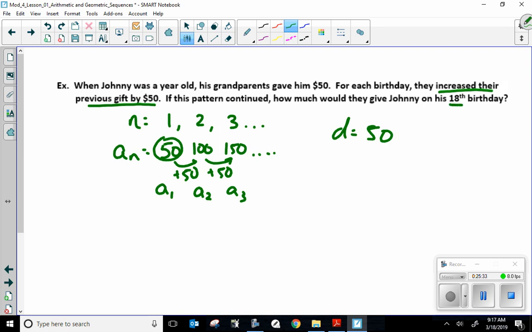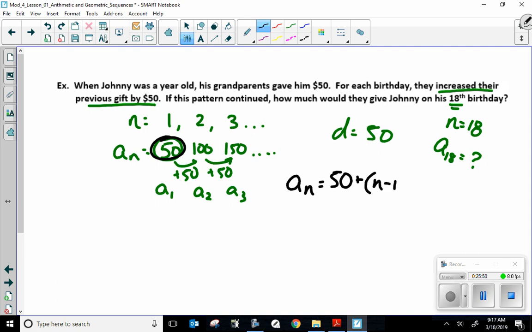On his 18th birthday, that's when my n is 18. They want to figure out what a of 18 is. Let's come up with an equation. My equation equals my first term plus n minus 1 times my common difference.